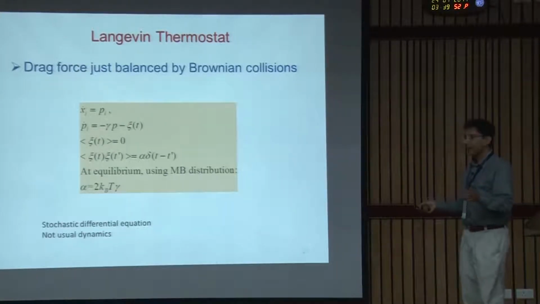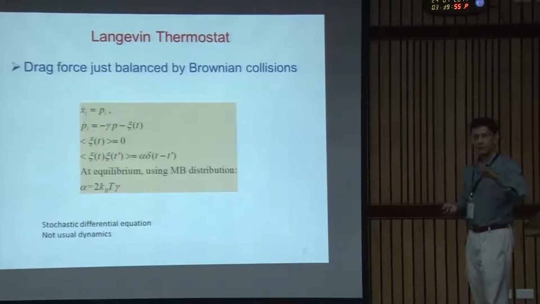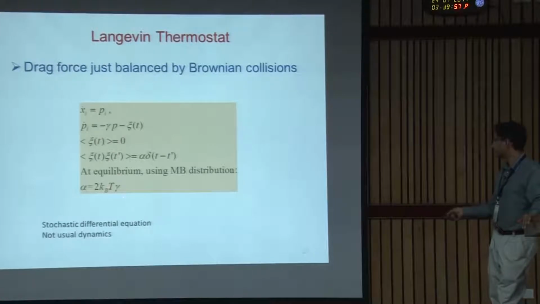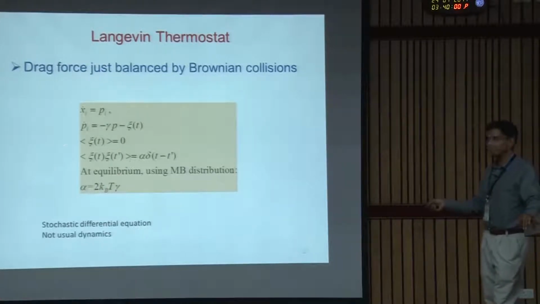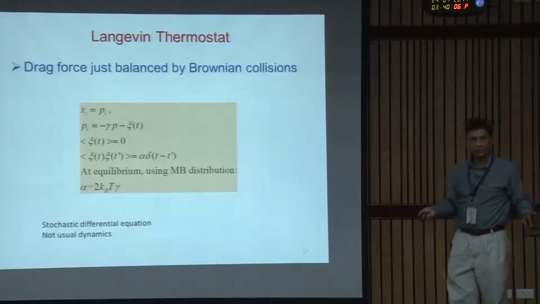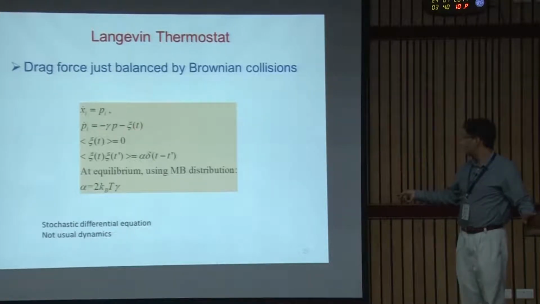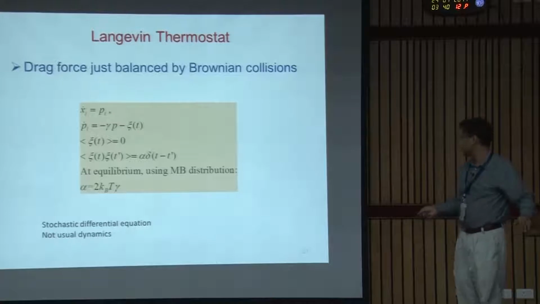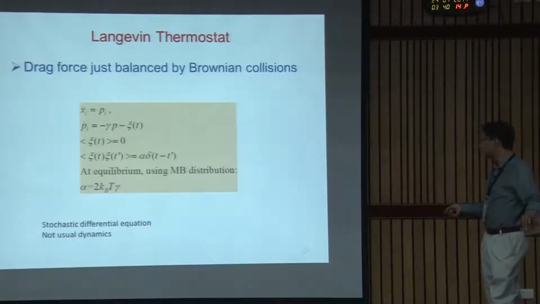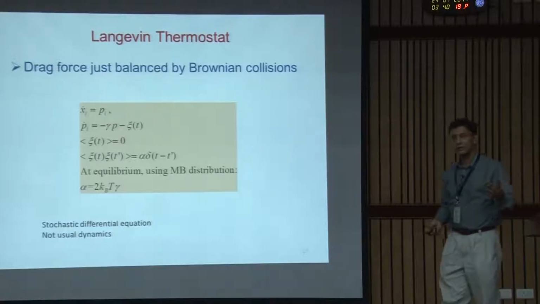So they just balance each other and maintain temperature around the desired value of T. Of course, if you do not have gamma at all, if there is no drag, then this will just blow up, because this would give you the Wiener process. And if xi is absent, then you just have exponential decay. So at equilibrium, again, this equation comes from the kinetic temperature equipartition theorem.